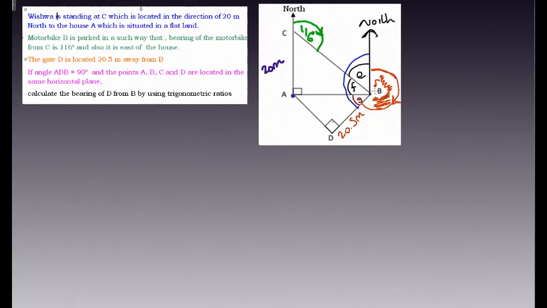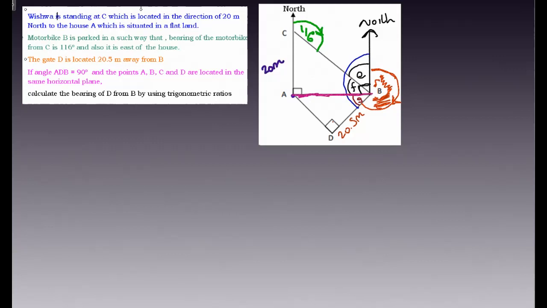A should be in the west direction of B. So this line, which I drew in pink, is the west direction from B. We know the angle between the west direction and the north direction has to be a right angle. So what's this angle here? 90. So E plus F is 90.